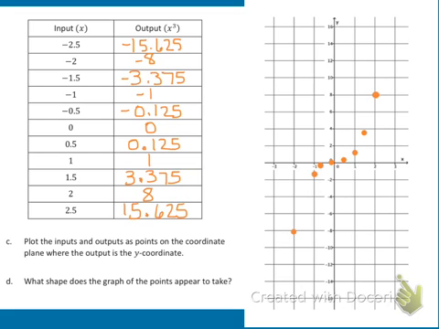And negative 1.5 would go right in there. And then we just have one left to plot. And that's 2.5, which is a little over 15. So 15.5, so right in there somewhere. And negative 2.5 is also just over 15.